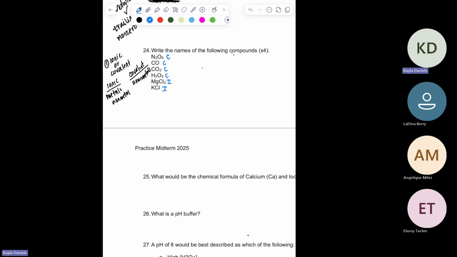If it's ionic, that's when I get to just say the name and add "ide" to the second one. But if it's covalent, that's when I have to do the prefixes thing with the numbers. So N2O6, since it's covalent, I need to say what those numbers are with prefixes.